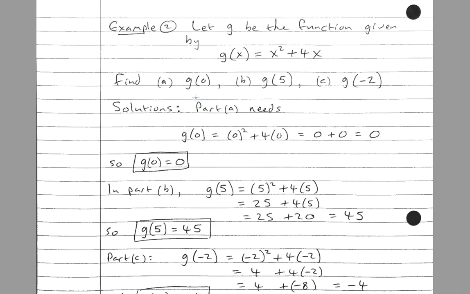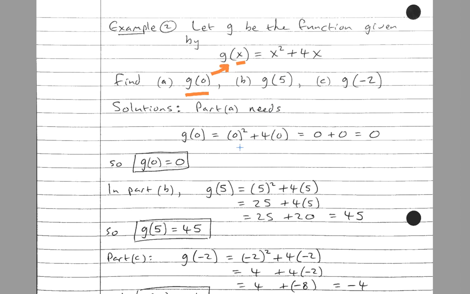Part A, find g of 0. And it's good to say it correctly. So it's g of 0 for functions. And all this means, again, is that we're replacing x by 0 on both sides.